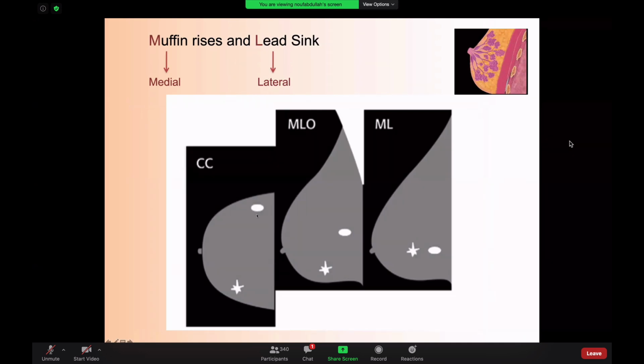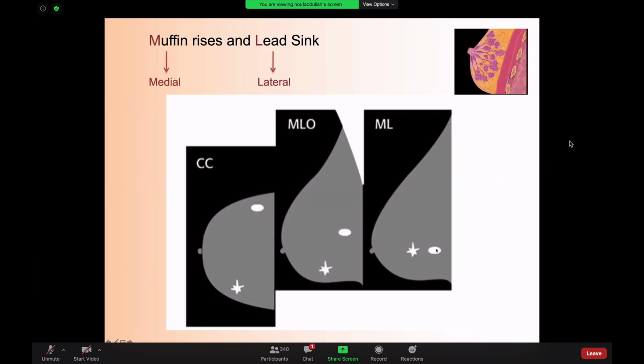It means that if I do a true lateral view, this lesion will go down. So if it's located here on the MLO, I would imagine that if I do a true lateral, it will go down because it is laterally located on the CC, so it will be located here. Does it change much? Not really, because it is still located in the lateral inferior aspect of the right breast.